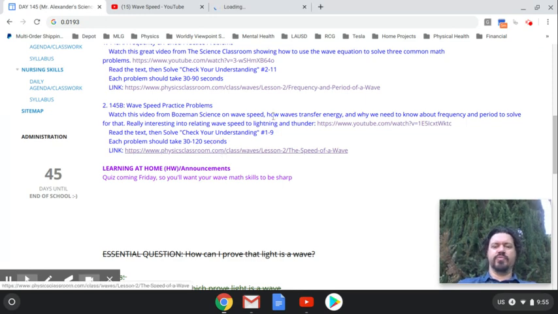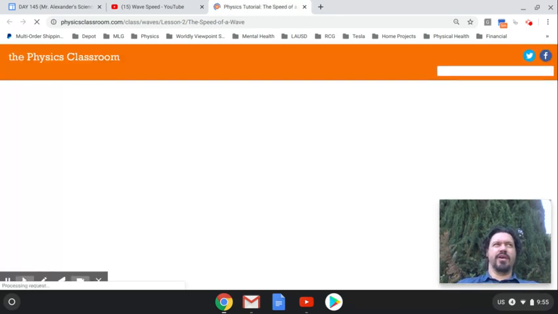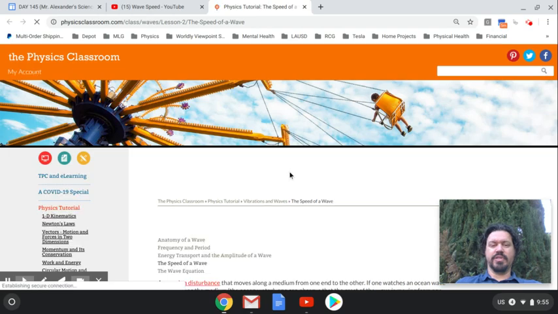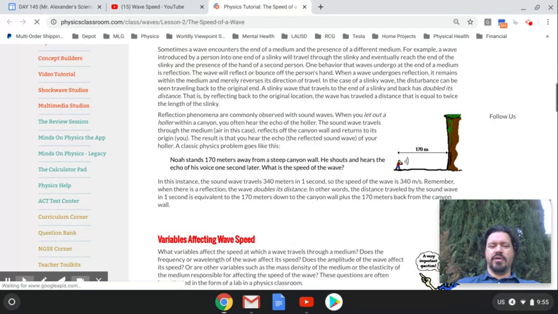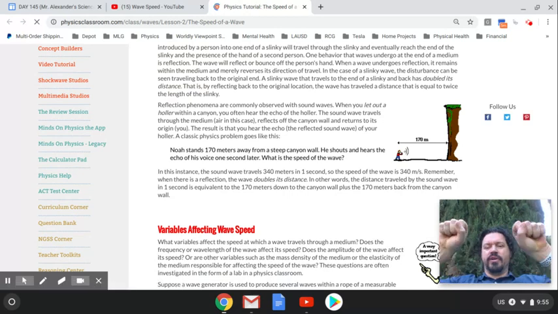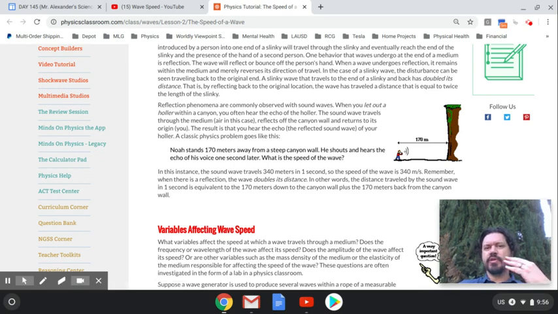Some good reading about speed and different media and how waves travel at different speeds through different materials. We talk about tension. You might think of pulling on a rope, but when we're talking about a material like water or air, you're hearing me through water or air right now.